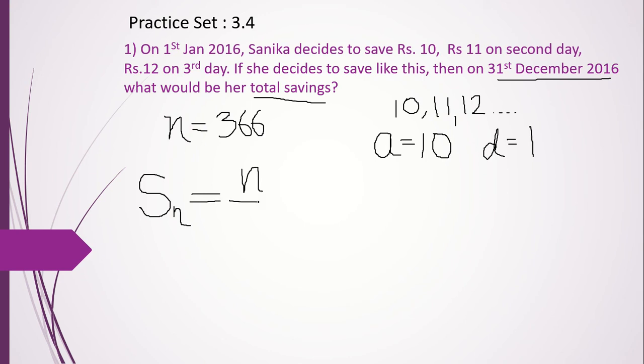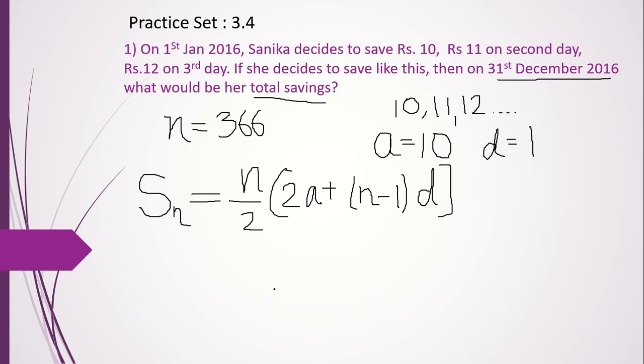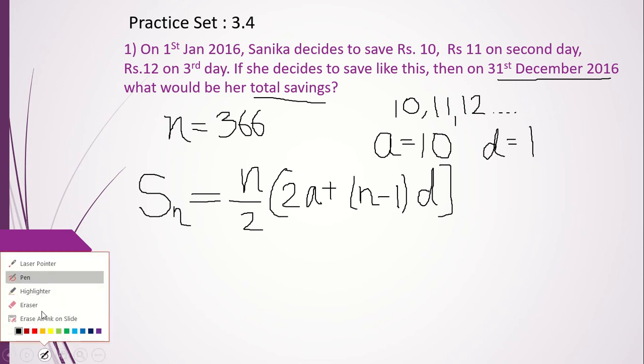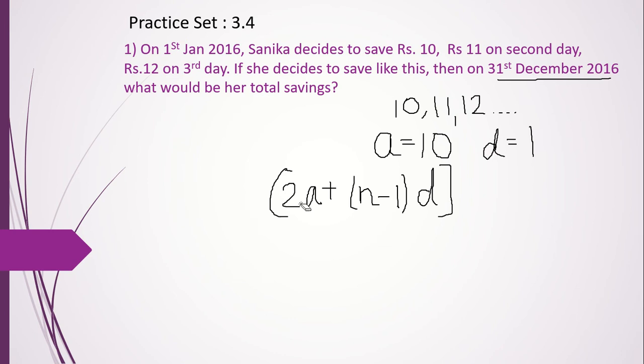Sn is n by 2 into the bracket 2a plus n minus 1 into d. This is the Sn formula. Now just substitute in the formula the values that are given, right? 366 upon 2, 2 into 10 plus 366 minus 1 into d is 1. That's it. Just substitute in the formula and you will get the answer.